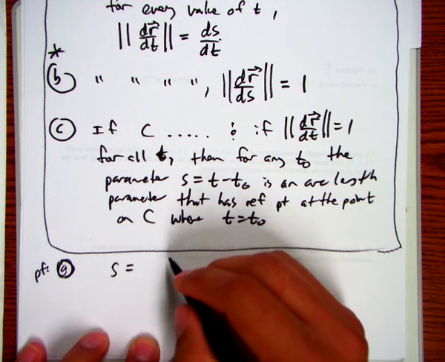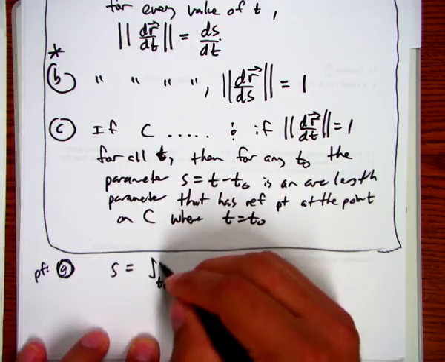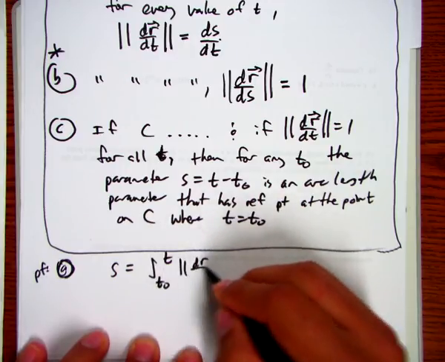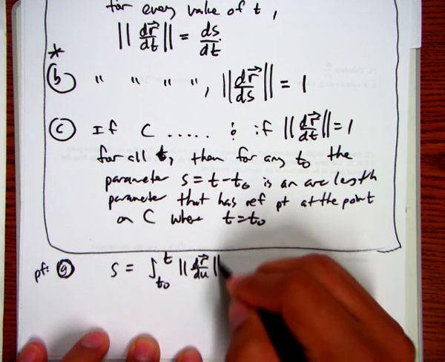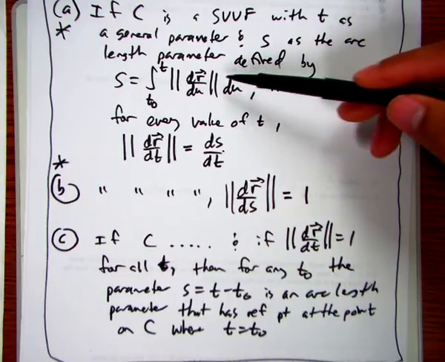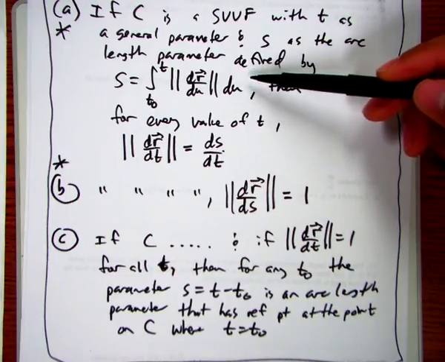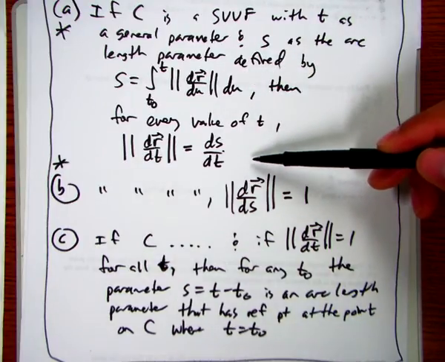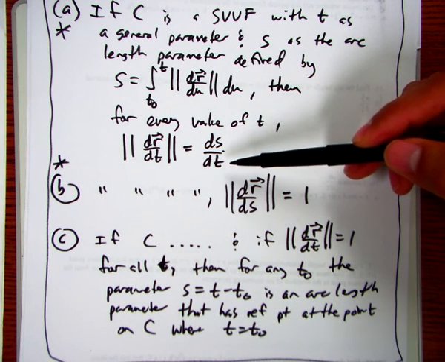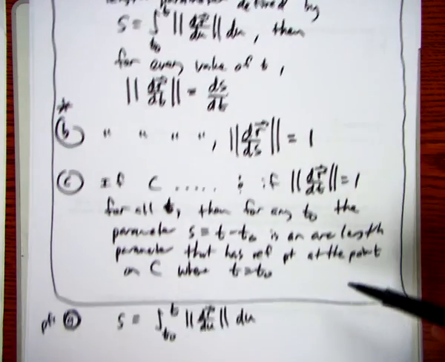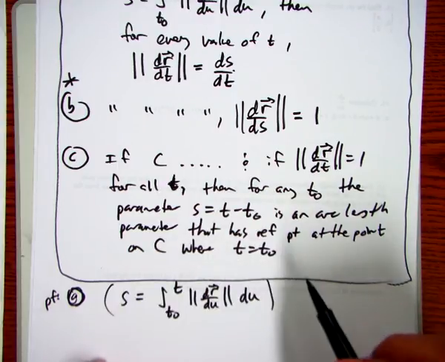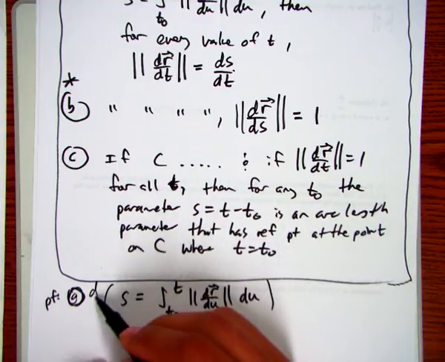Arc length is the integral of the magnitude of the derivative of r. So all I'm looking at is here's where I'm starting, here's where I want to end up, right? So I have s, I want ds dt. If I have s and I want ds dt, then what could I do to both sides? Yeah, just apply d dt.